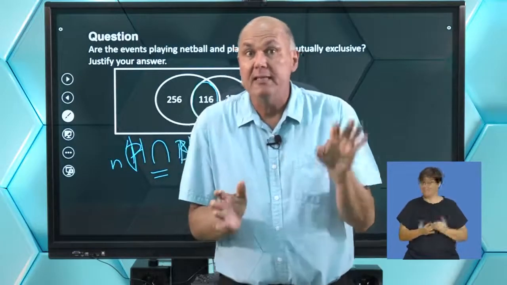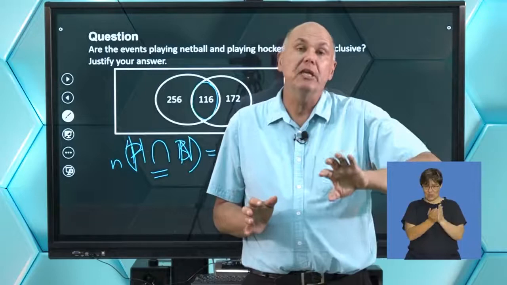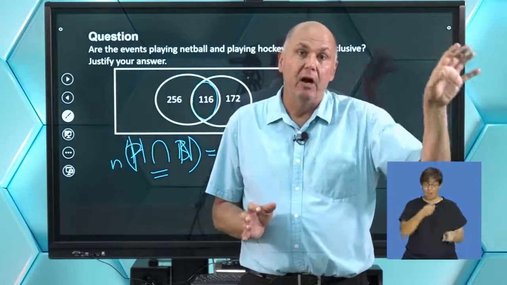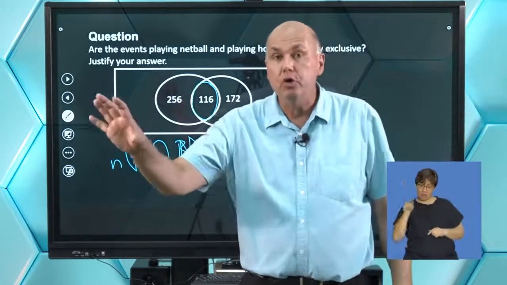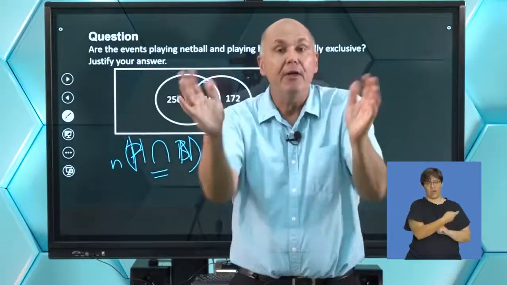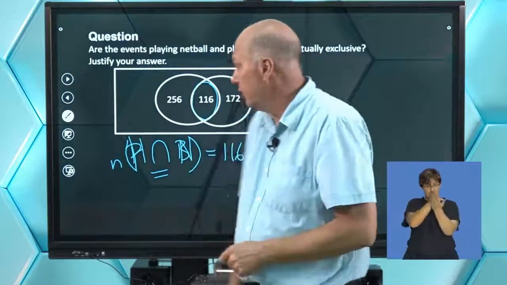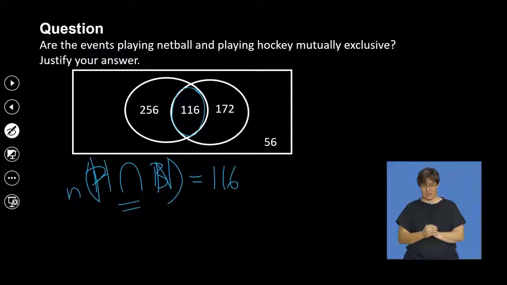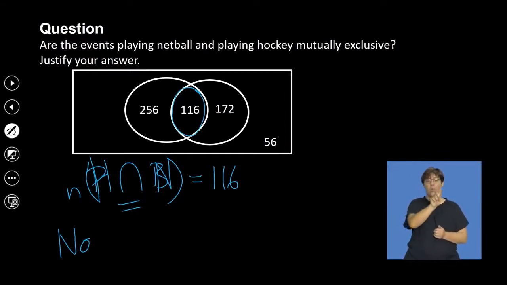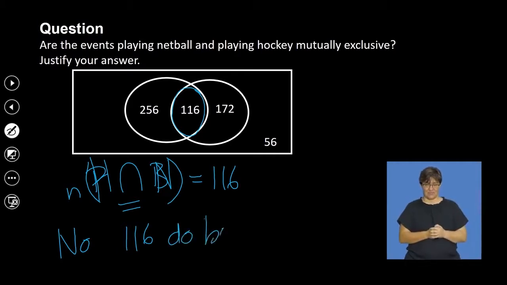In other words, in that school, you could either play netball or you could play hockey, and there would be nobody in the intersection. So the answer is, are these events mutually exclusive? The answer is no. And the reason why is that there are 116 learners that do both, that play both. They're in the intersection.